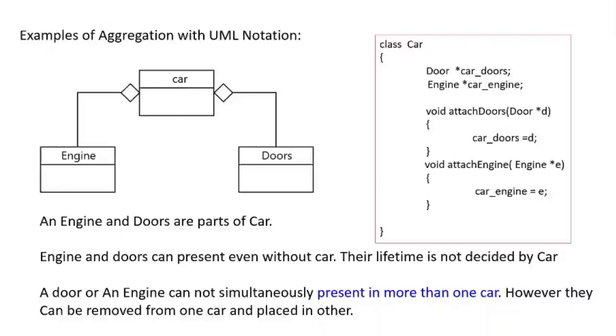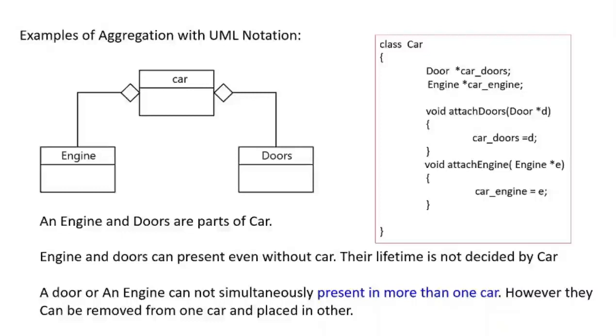So engine and doors are created separately. Whenever a car is constructed, we fit the engine into it. We attach doors to it. But whenever an engine is attached to a car, it remains with a single car only. It is not possible that two cars share the same engine. We may fit the engine of a car to another car also, but for that we have to remove the engine from the first car and then we can attach it to another car.